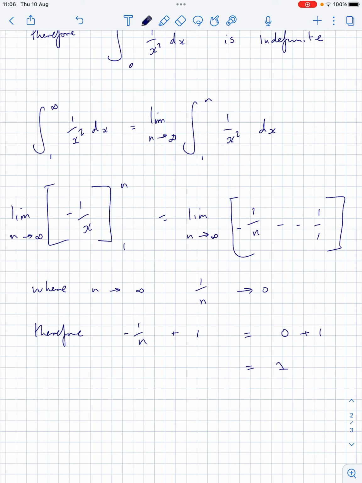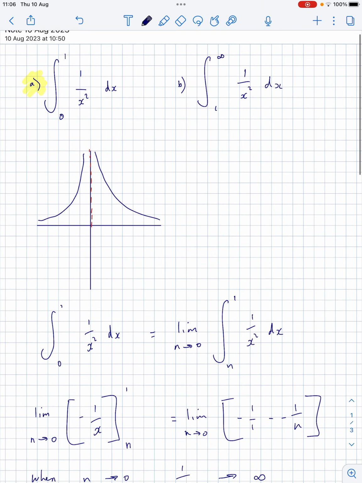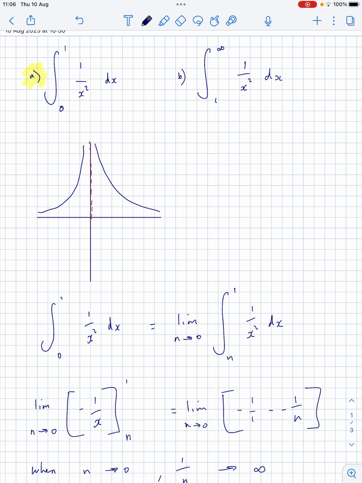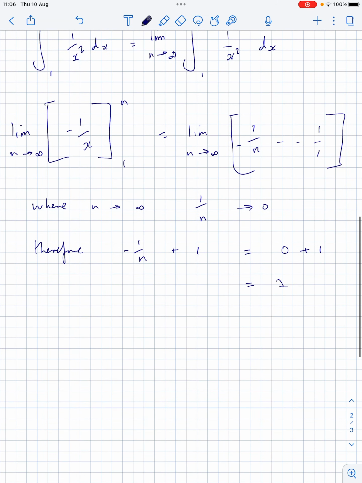Which is a bit more surprising, but often from my experience, and not to give the game away of some of the work you'll do in year 13, when you apply that infinity to a rational function, so 1 over something, you're more likely to get a definite value, because it's going to tend to 0, and that means that term disappears.